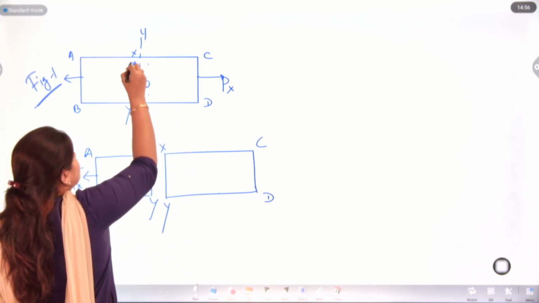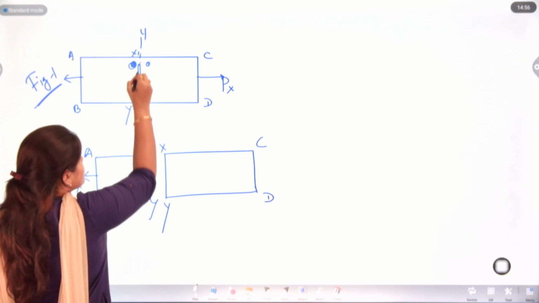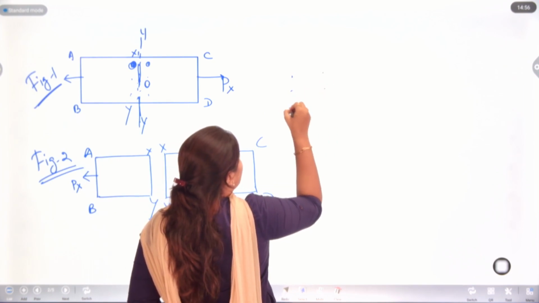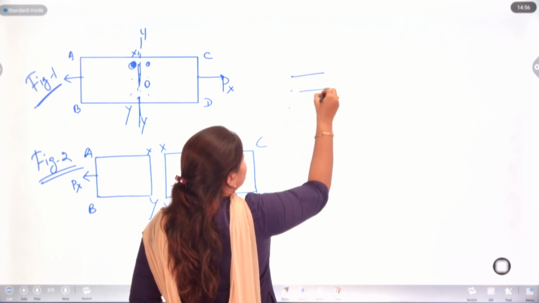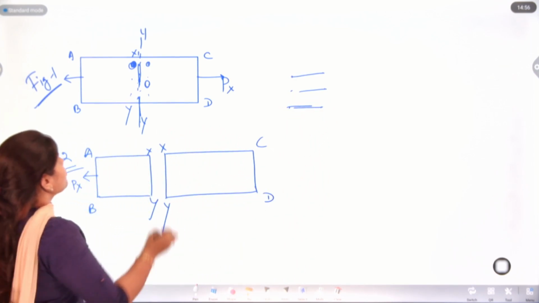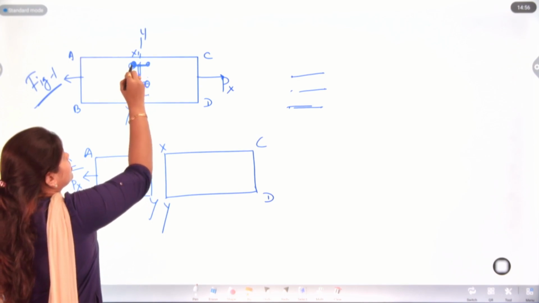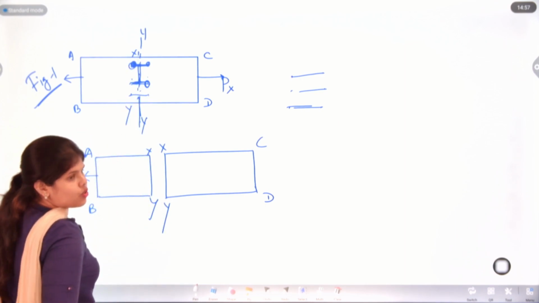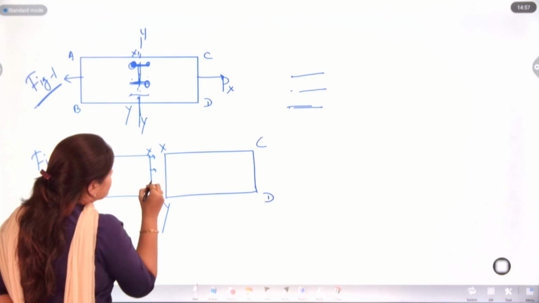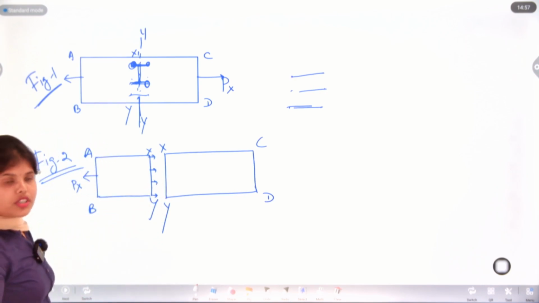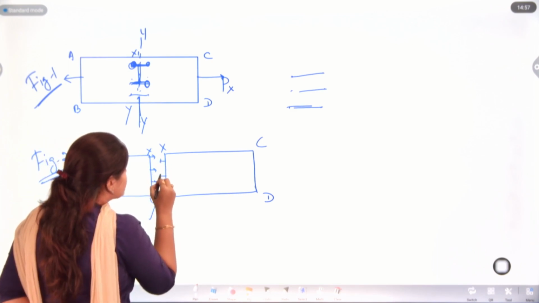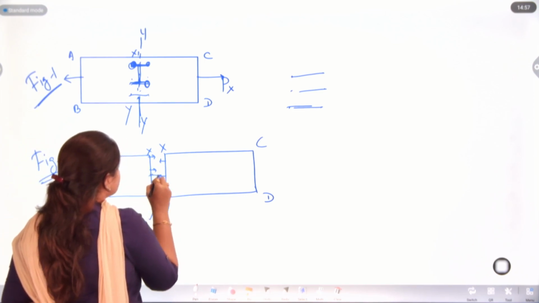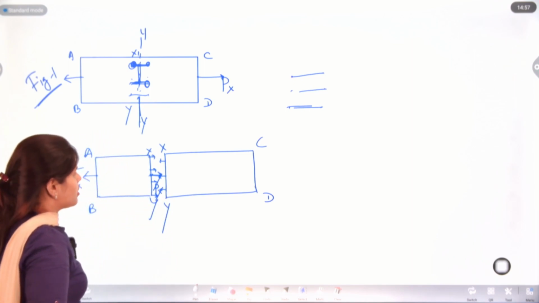When we take a section, there will be some bond between them, so they will attract each other. When we separate these two bodies, the forces will act like this, and in this plane also like this. So there will be a resultant force, which we take as Px.